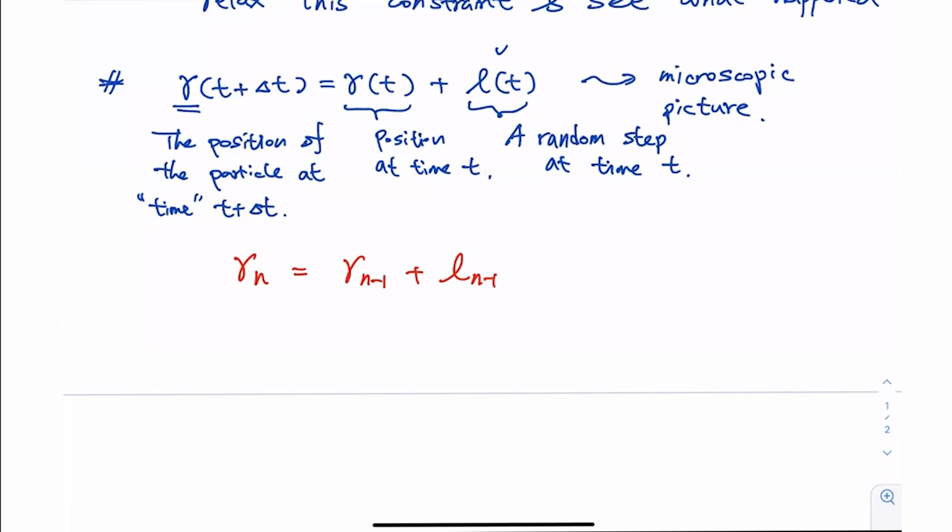So the key question is: what is the typical time scale for your system? When we discuss the microscopic picture, you can think of the particles at a finite temperature as moving very quickly and randomly. In that sense, this delta t should be considered the microscopic time scale, and we can compare that with the macroscopic time scale.